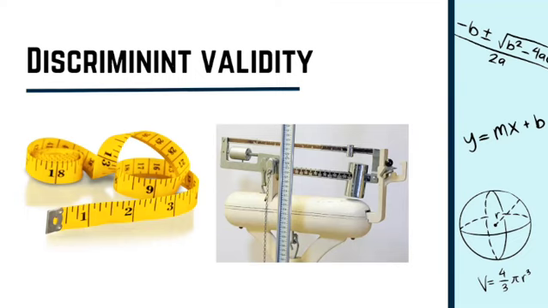For example, one test might measure anxiety, while the other measures happiness. Discriminant validity makes sure that these tests aren't just measuring the same thing in different ways, but are actually distinct and separate in what they assess. Just like a measuring tape measures height and a scale measures weight, different tests should measure different things.